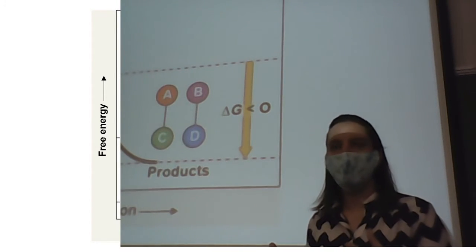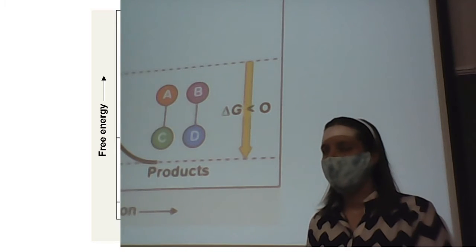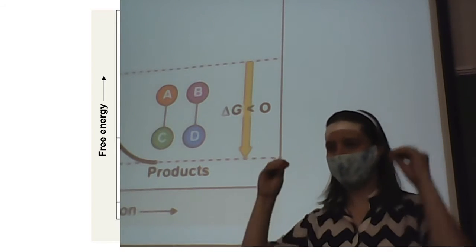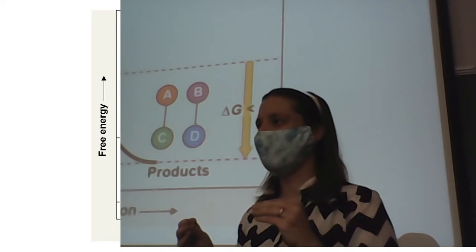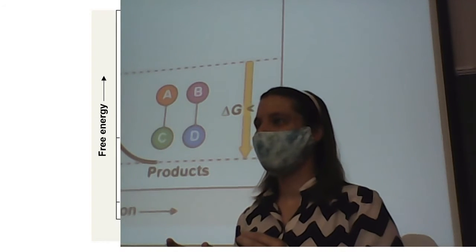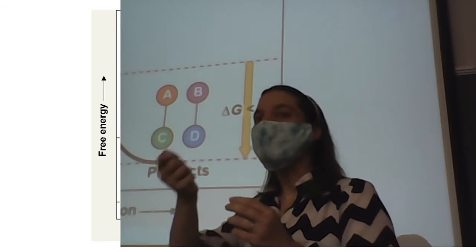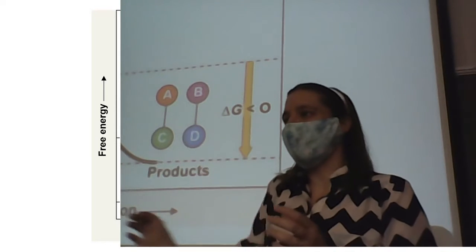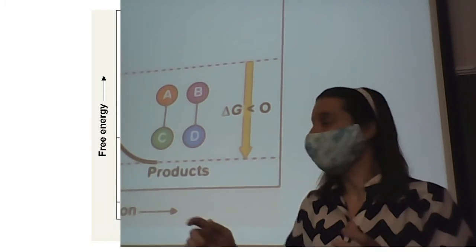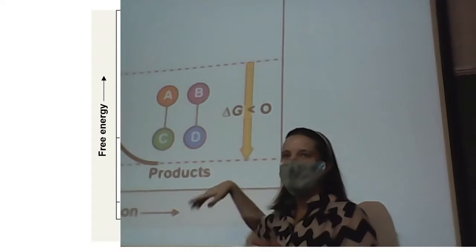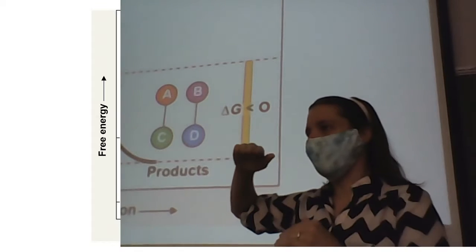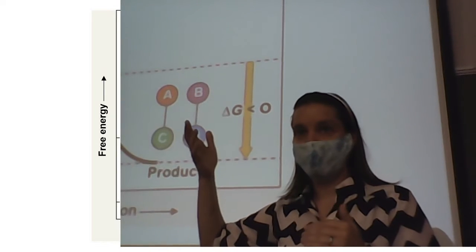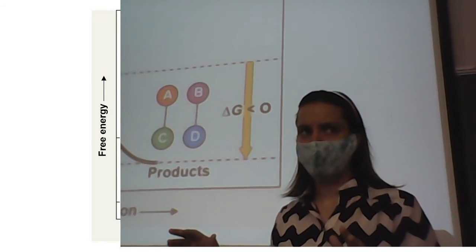What gets it to go? Based on watching cartoons on Saturday morning, how do you make dynamite explode? You light the fuse, right? It needs a little bit of activation energy to go, right? Overall, it's going to get way more stable, but you need some activation energy to get over the hump, right? We're good with that?